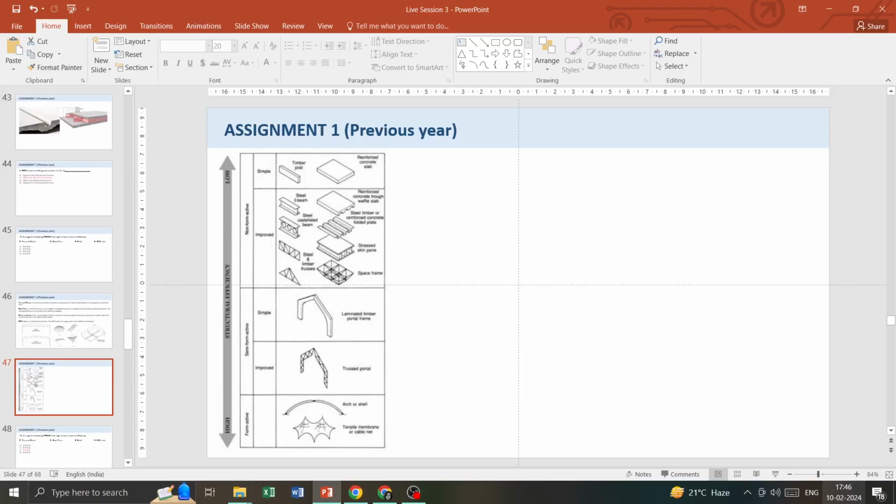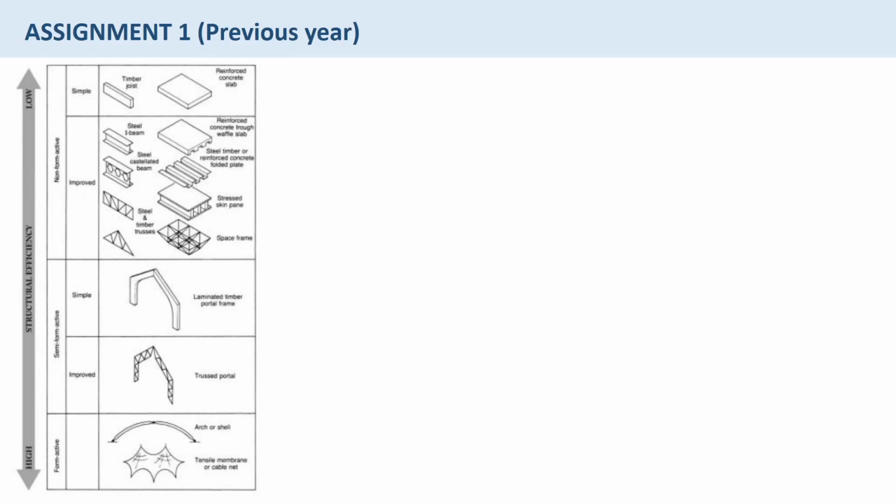Now this image, I'll put it on full screen for you to see clearly. So this image gives the structural efficiency based on the structure form and structure concept which I discussed in the previous question, that is, whether it's form active, semi-form active, or non-form active.